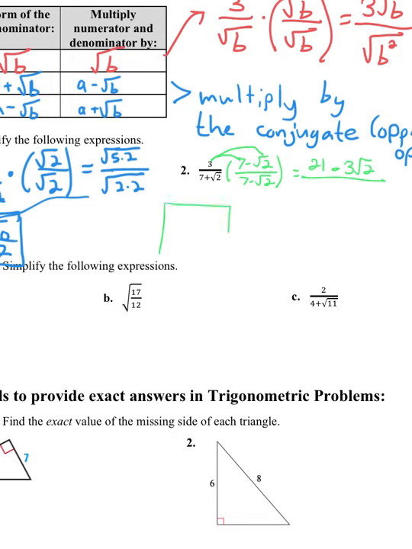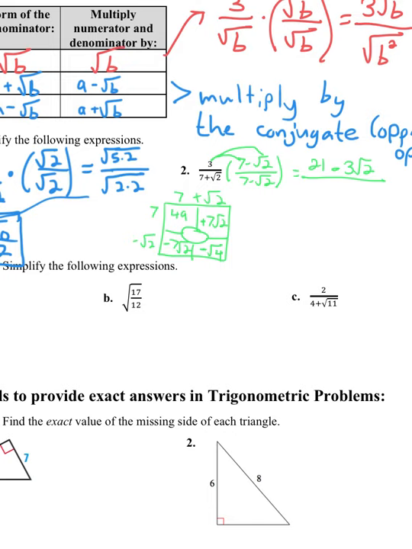The denominator, I'm going to go to a factor box for this one, because this one's a tricky one. 7 times 7 is 49. 7 times positive root 2 is positive 7 root 2. 7 times negative root 2 is negative 7 root 2. And negative root 2 times positive root 2, that is negative root 4.